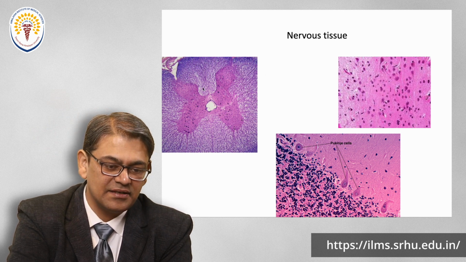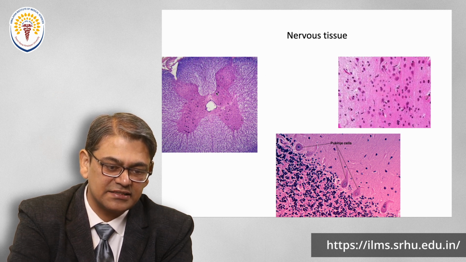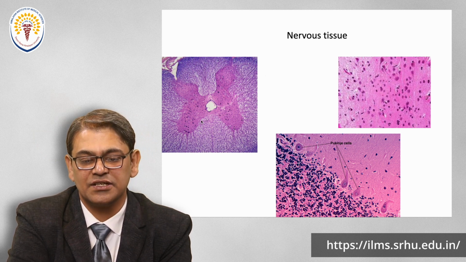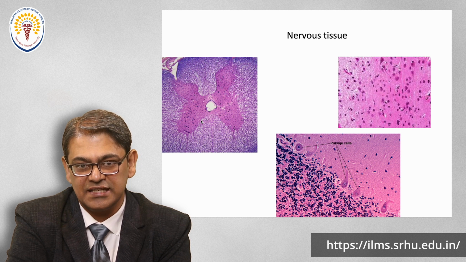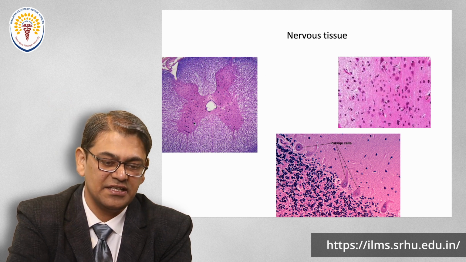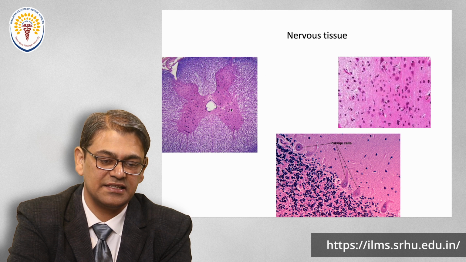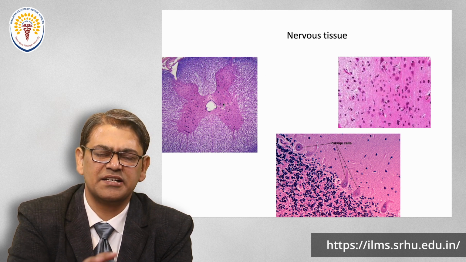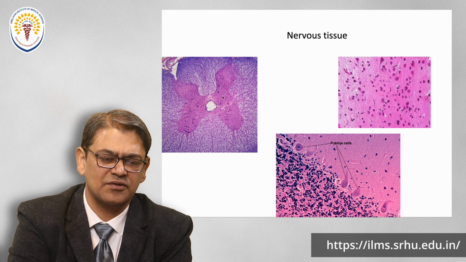In this gray matter, we see clear-cut dark triangular, pinkish-blue dots, and these are the neuronal cell body structures, right? They appear triangular in this area, and in between there is a network of dendrites here and there.